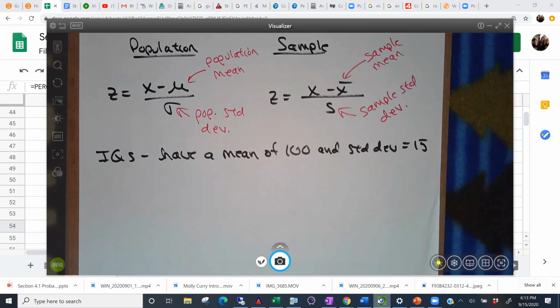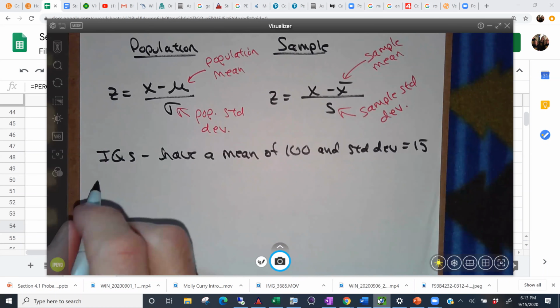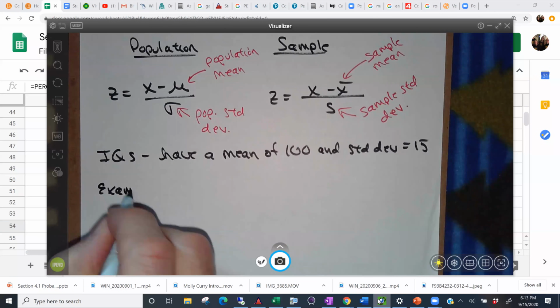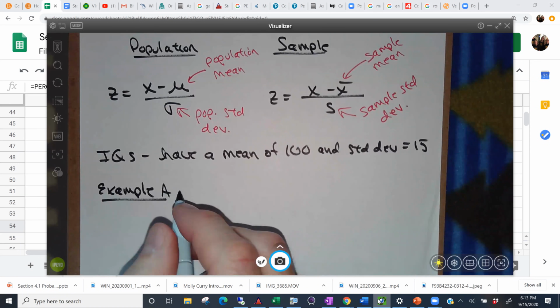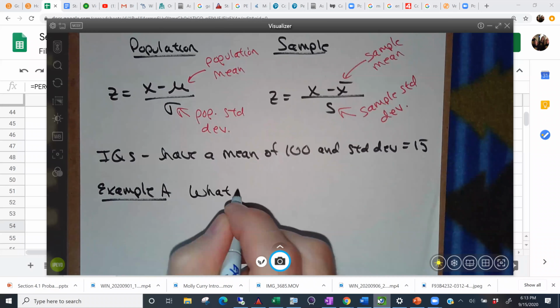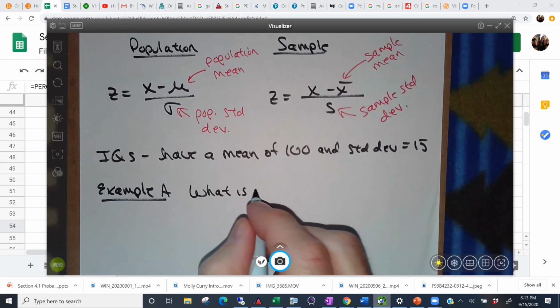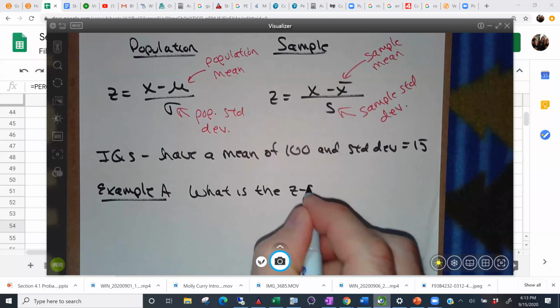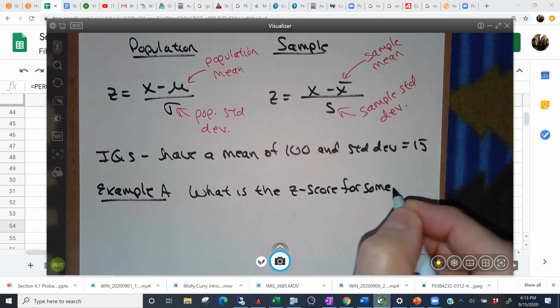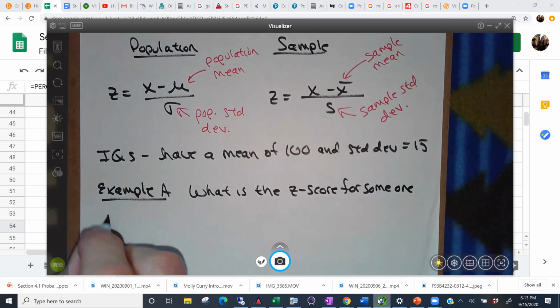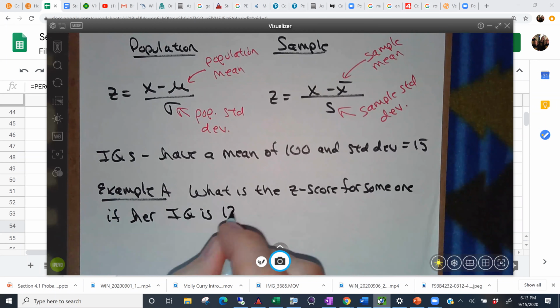We'll do several examples with this. The first one, we'll call it example A. What is the z-score for someone if her IQ is 130?